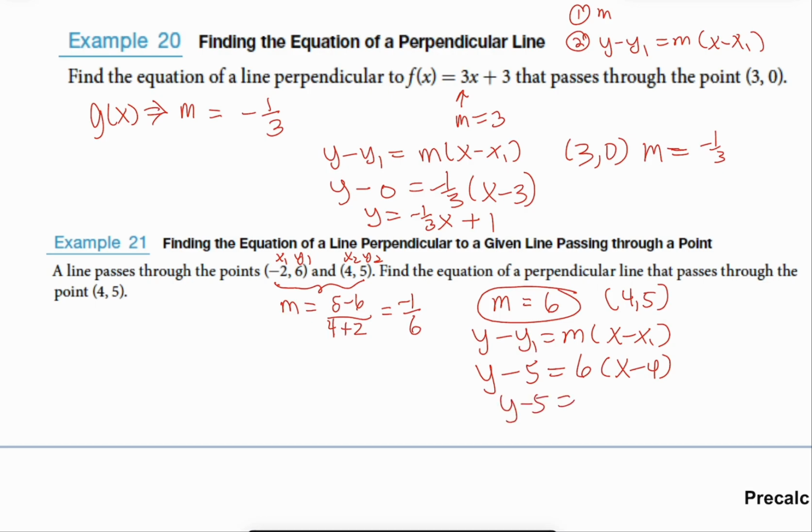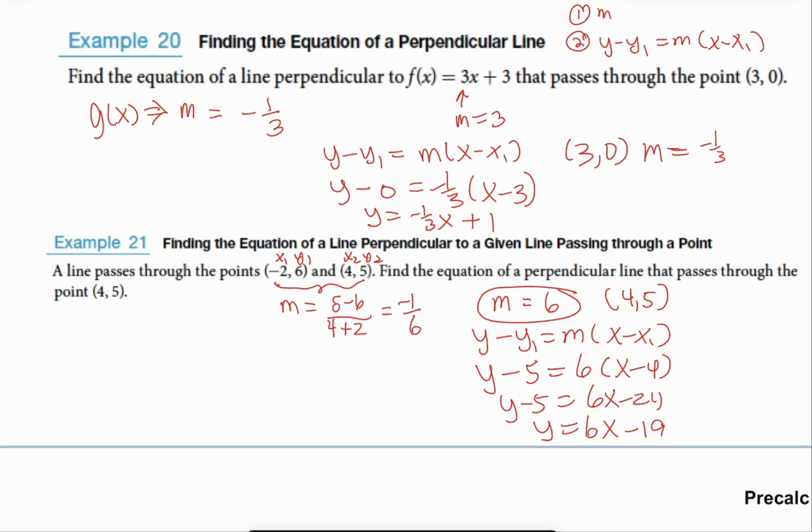I'm going to distribute the 6 to both pieces and add 5. Again, you could graph the line going through your first two points, (-2, 6) and (4, 5), and then graph the line y equals 6x minus 19, and they should be perpendicular, and the final line should go through the point (4, 5).